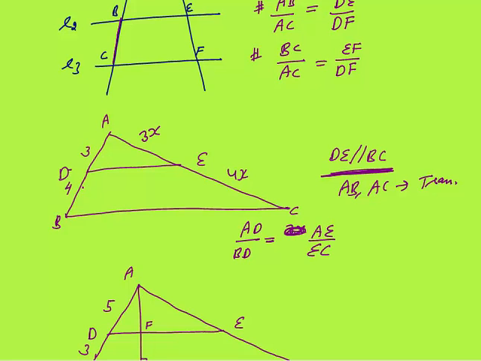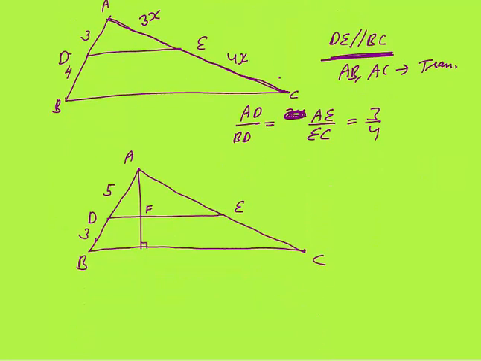Whatever the ratio of AD to BD, the same ratio will be for AE to EC, that is 3:4. So you can say that AE will be 3x and EC will be 4x. Again the ratio will be 3:4. So corresponding parts are in equal ratio.